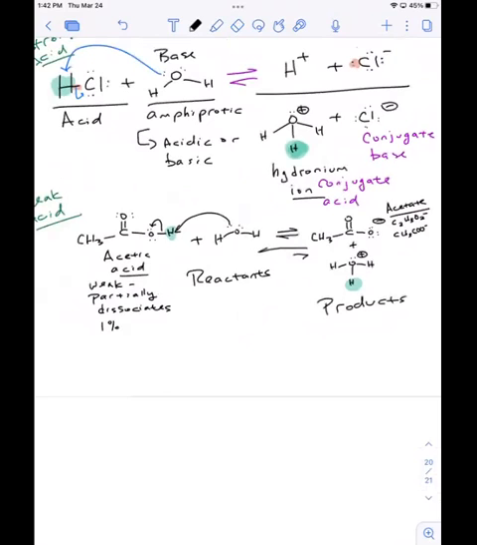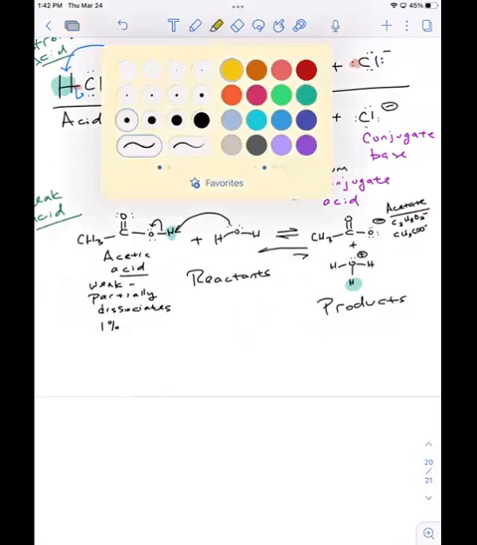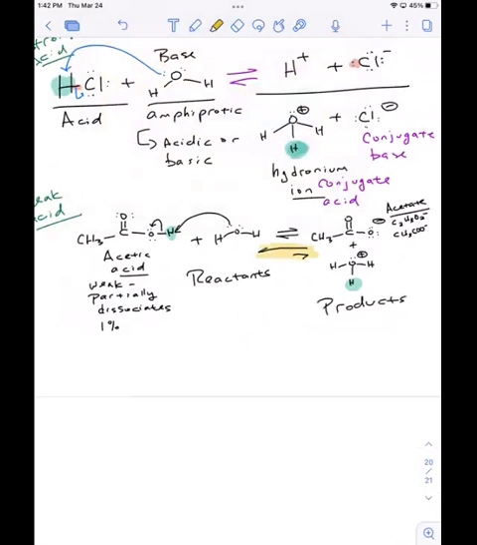When you write your equilibrium arrows, you can actually write them like that, showing which side is favored. You see how the top arrow is longer than the bottom arrow? That means that the substances on the left are favored over the substances on the right.